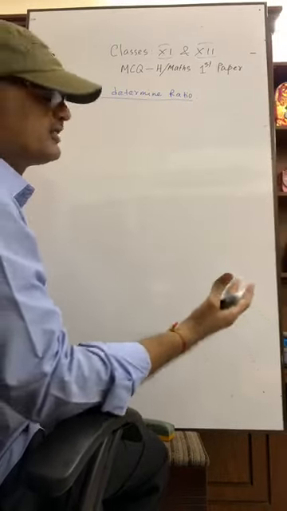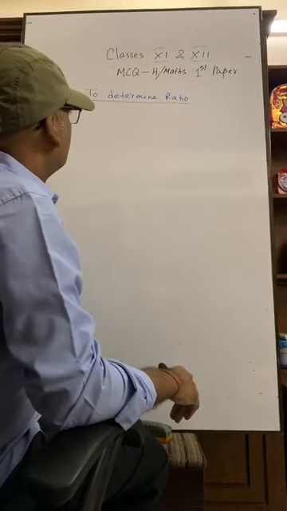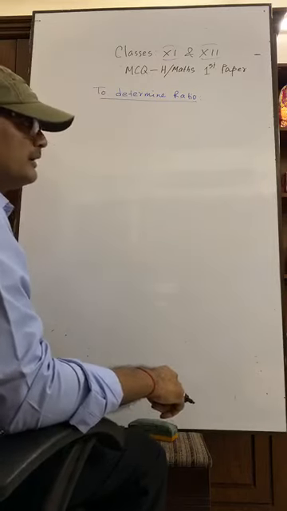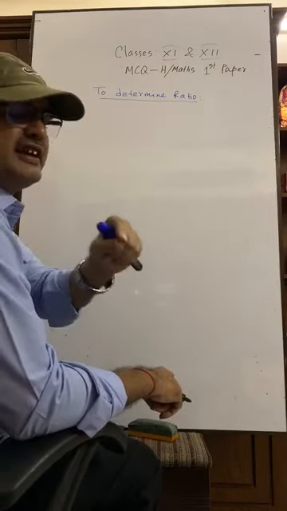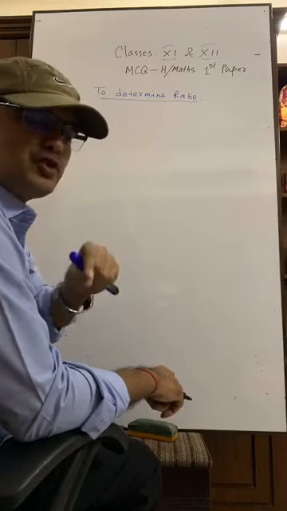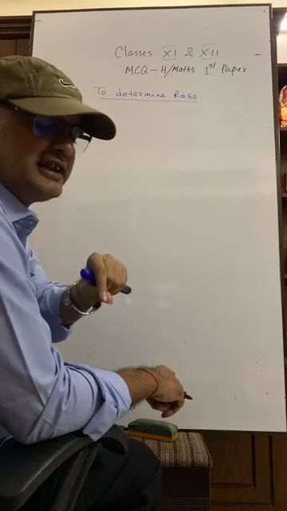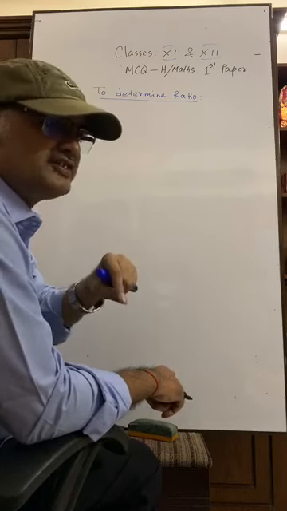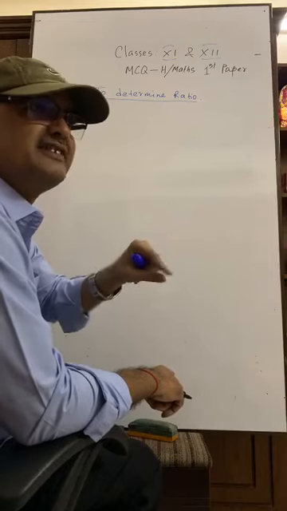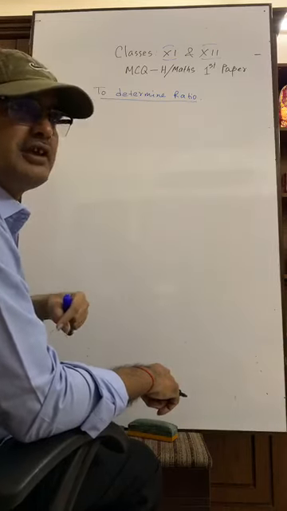We had a long discussion regarding finding ratio. Suppose a straight line intersects the x-axis, or a straight line joining 2 points intersects the x-axis or y-axis. Determine the ratio at which the x-axis or y-axis divides the straight line, right?